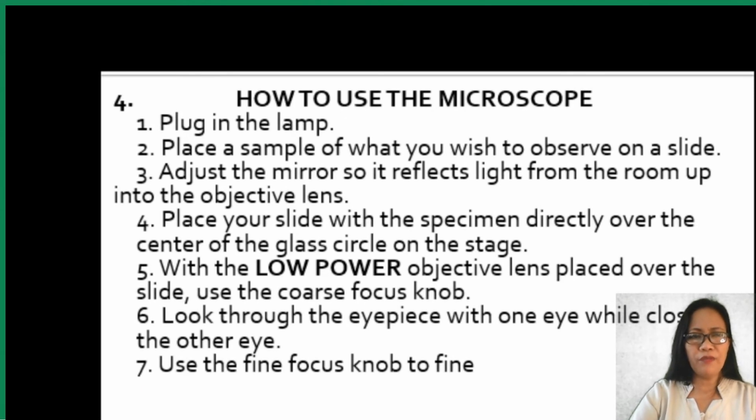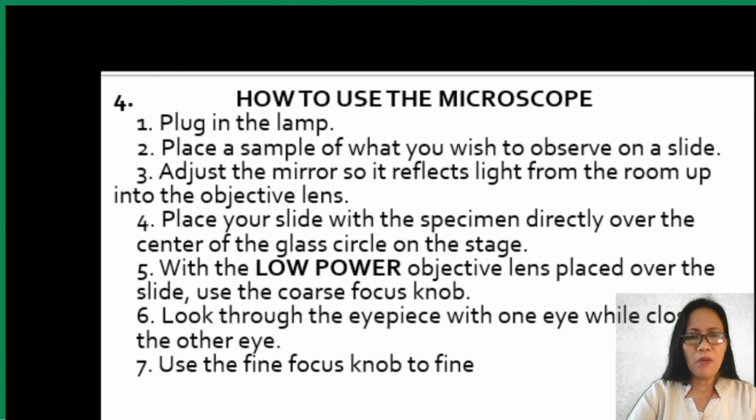Let's move on to the fourth activity, how to use the microscope. First, plug in the lamp. Second, place a sample of what you wish to observe on a slide. Next, adjust the mirror so it reflects light from the room up into the objective lens. Then place your slide with the specimen directly over the center of the glass circle on the stage.